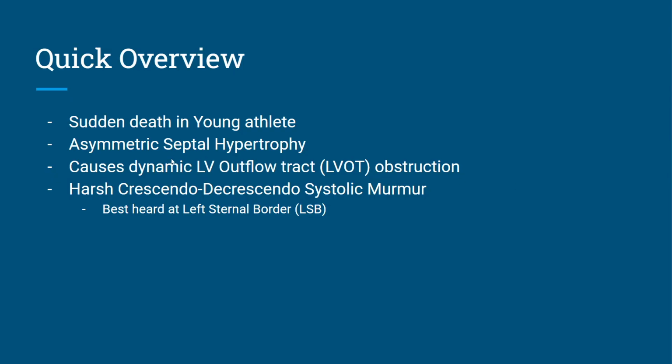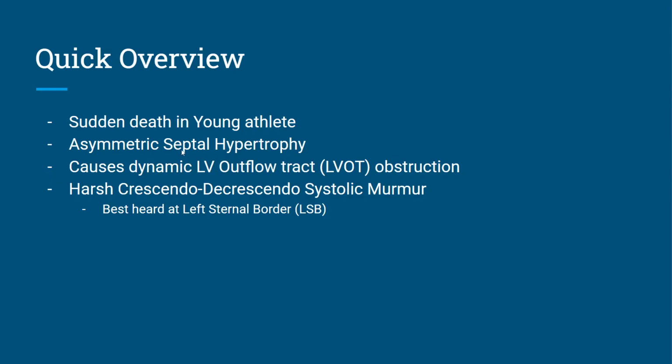And you're going to see HOCM most commonly in a young person. It doesn't have to be an athlete, but I feel like a lot of the questions mention a young athlete who suddenly just dies, and you can infer that they're talking about HOCM.